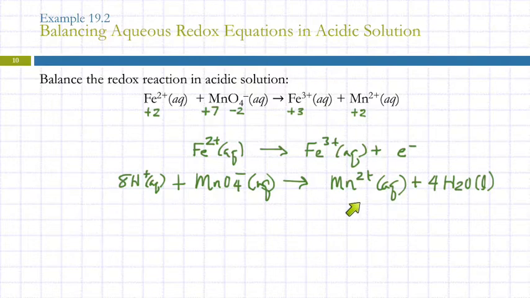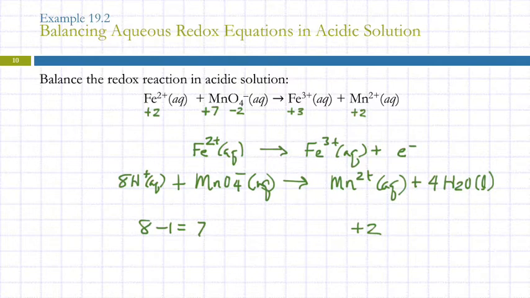This one's a little more complicated. Over here, I've got a total of +2. And, you know, if you start getting lost in that, go ahead and write notes for yourself. Here I've got 8 +1 charges, so I've got a +8, and this is a -1 charge, so 8 minus 1 is 7. So I've got +7 and +2.